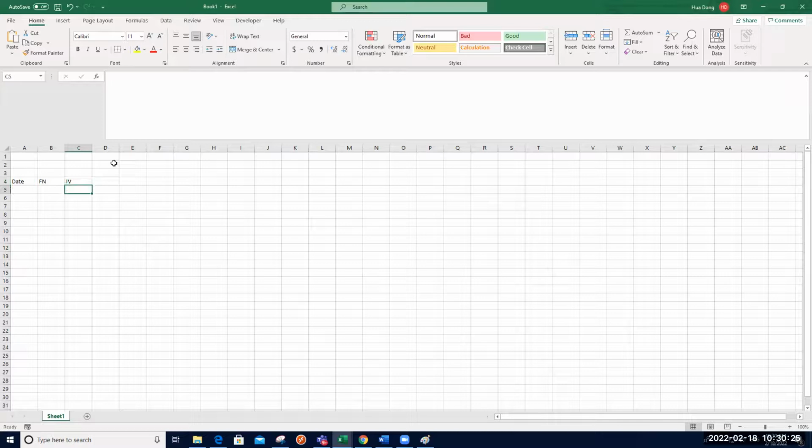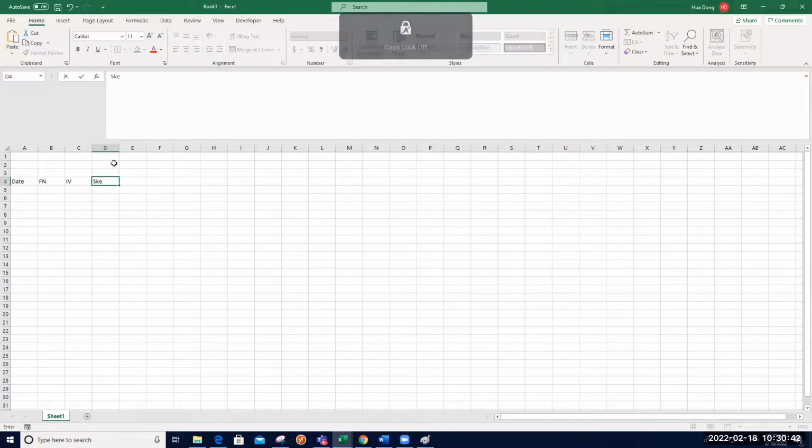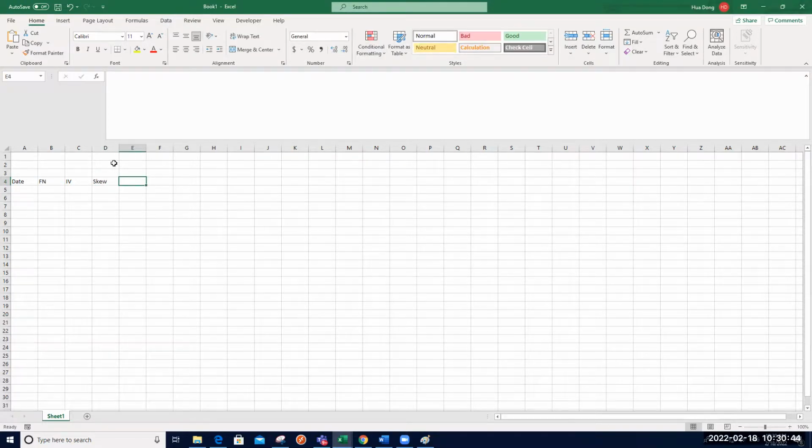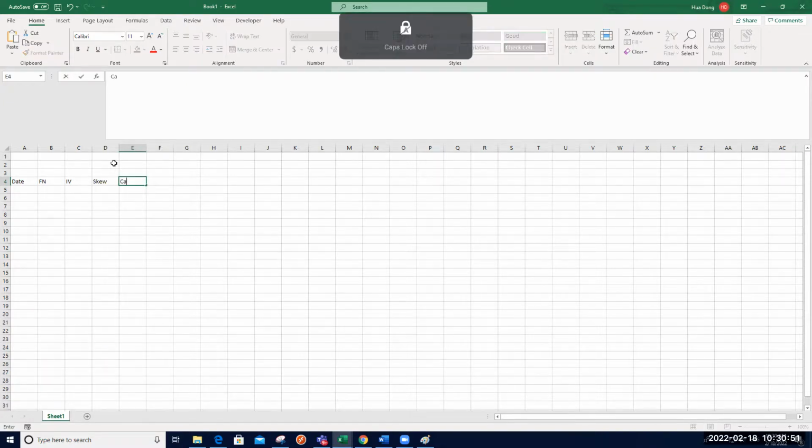For example, the implied volatility 3 days or 1 week before the falling knife or after the falling knife. You use this as a factor. And then you can also use the skew, option skew, or the call put option ratio.